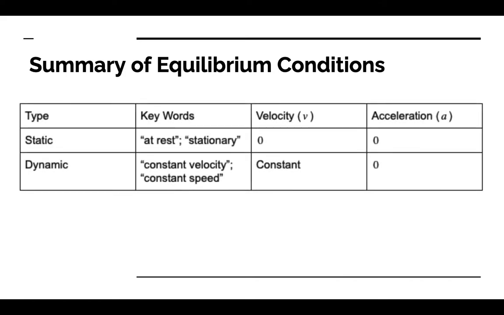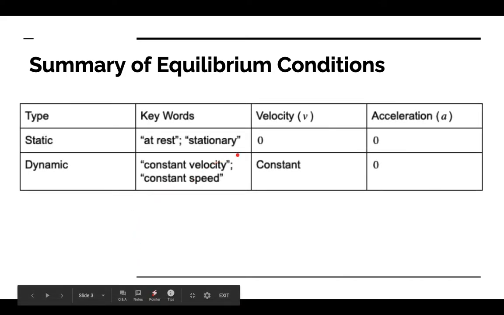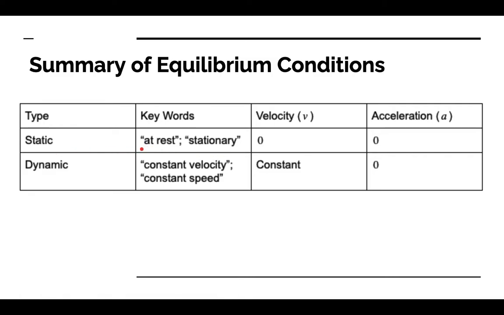So, a summary of equilibrium conditions. Here are some keywords to watch out for in terms of problem solving. We have static equilibrium, which means at rest or stationary. So you need to watch out for those keywords, at rest or stationary, which means our velocity is 0. And for static equilibrium, our acceleration is 0.